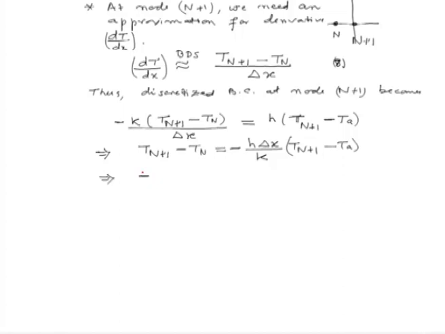So, let us rewrite this equation as minus Tn and collect all the coefficients of Tn plus 1 together.